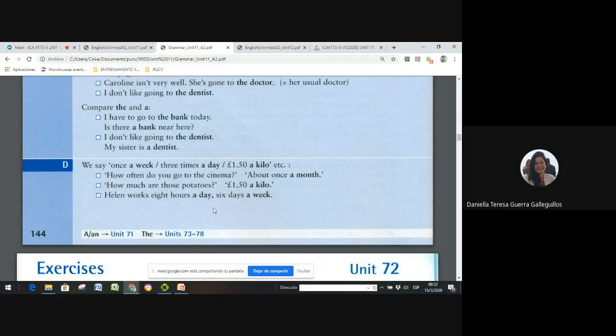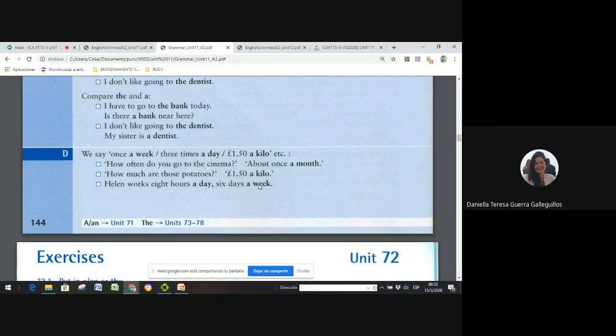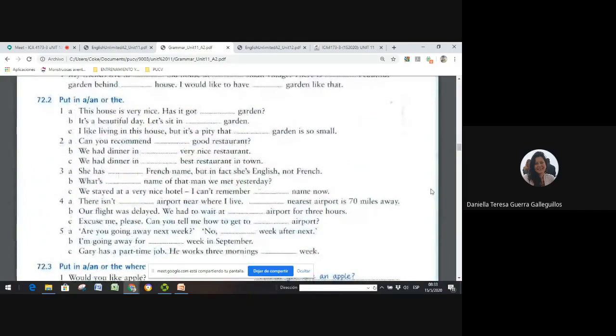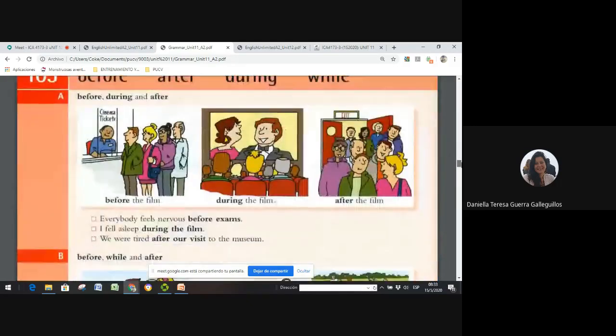It's for quantities. Helen works 8 hours a day, 6 days a week. And again, here for frequency. So when you talk about frequencies and quantities, you can use a. And again, you've got exercises, and at the end, you have the answer key.